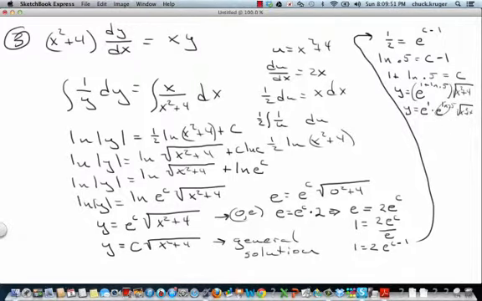These things cancel out, so I have y equals e to the first divided by 2 times the square root of x squared plus 4. And I'm sure there are people out there that said, hey, you could have found that out in a much easier way. And so this is my particular solution.